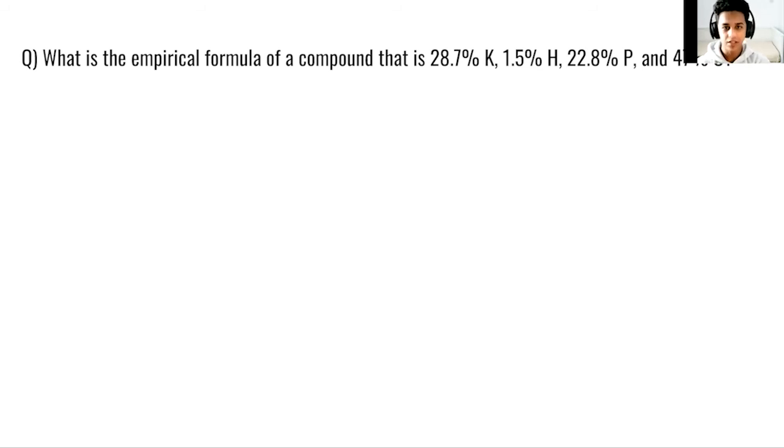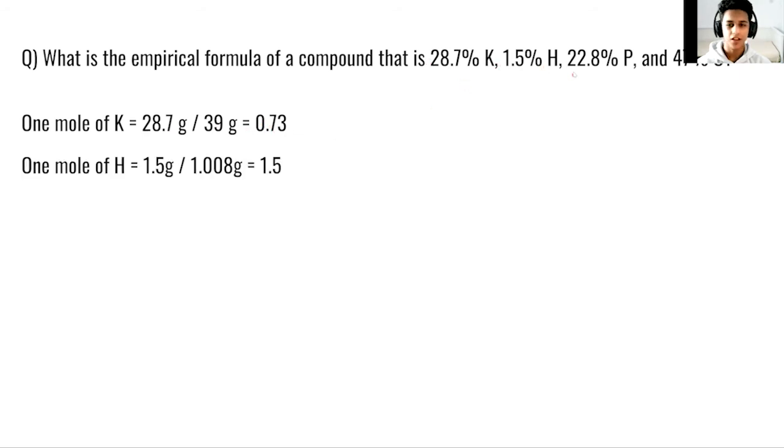First, we divide 28.7 over 39, the molar mass of potassium, which is 0.73. Next, 1.5 over 1, which is 1.5. Then 22.8 over 31, which is 0.73 again.